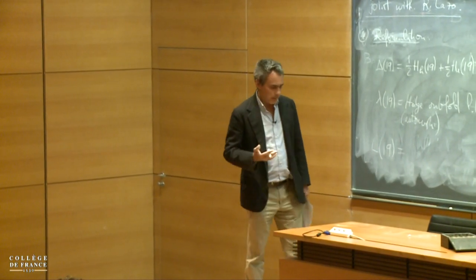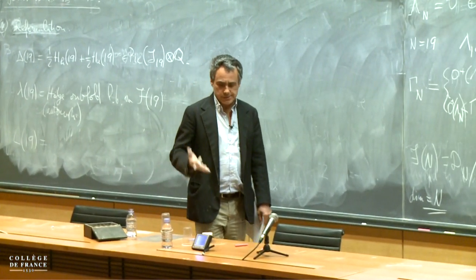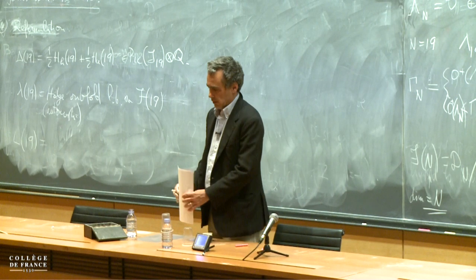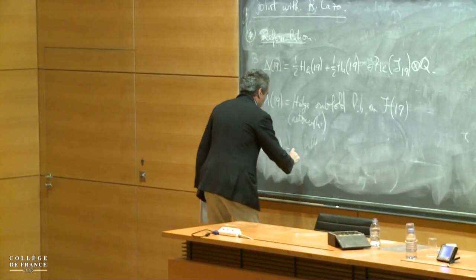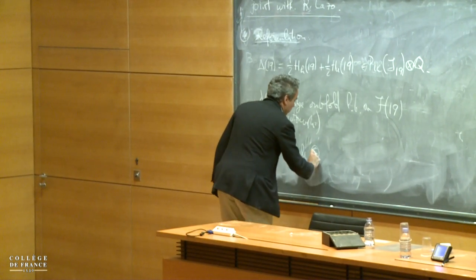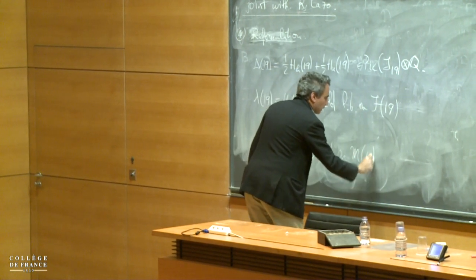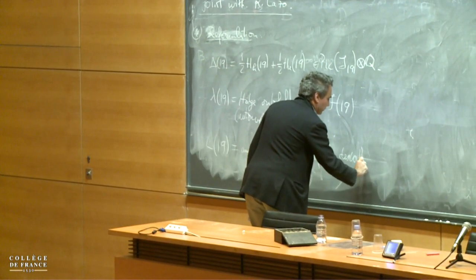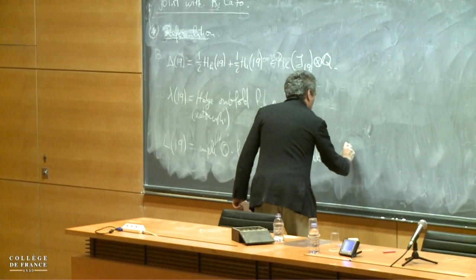So the hyperplane line bundle on the parameter space for quartics descends to a Q line bundle on the GIT moduli space, okay? An ample Q line bundle on M19 descended from, let's say, O of 1.